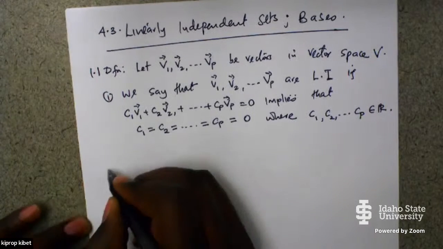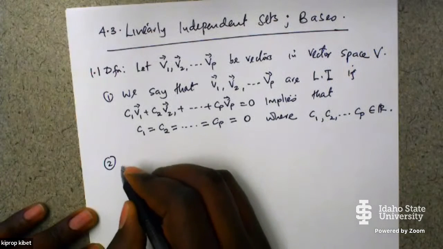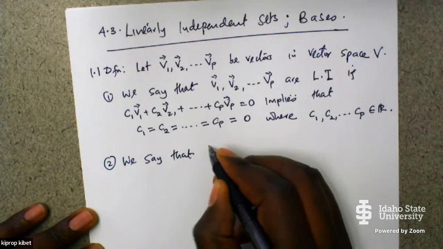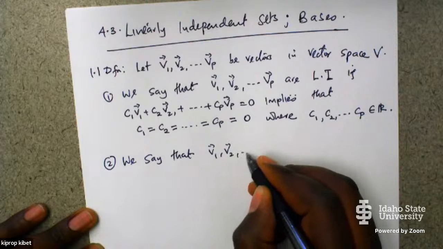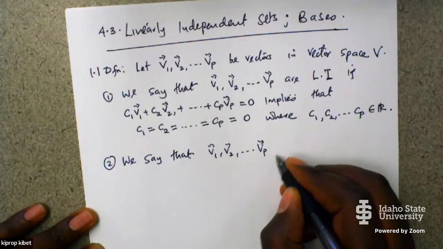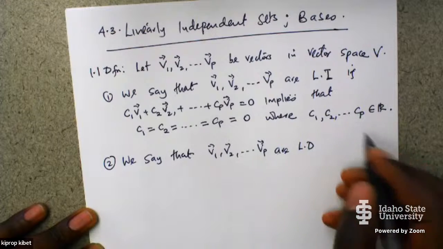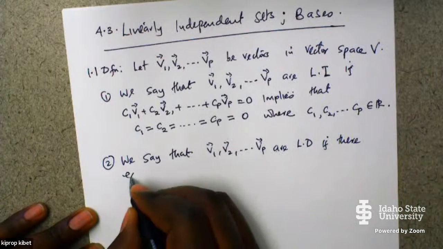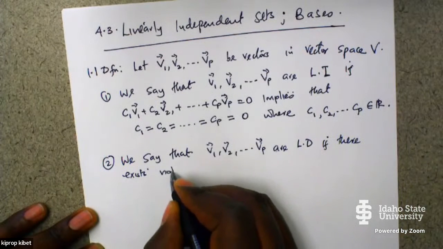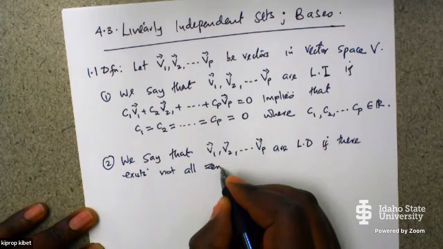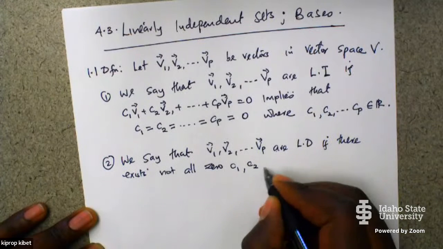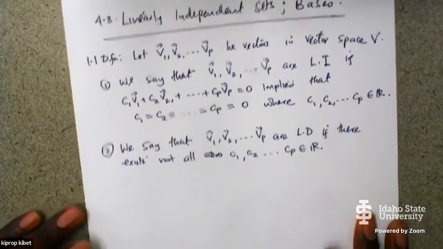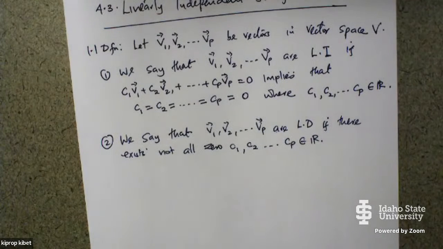Number 2, we say that V1, V2, all the way to VP are linearly dependent if there exist C1, C2 up to CP, which are elements of the real numbers, not all 0.